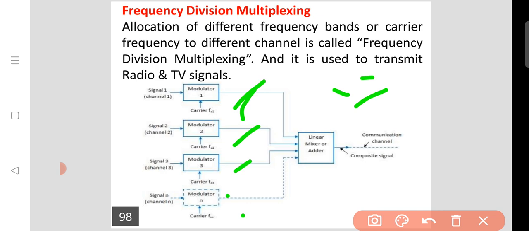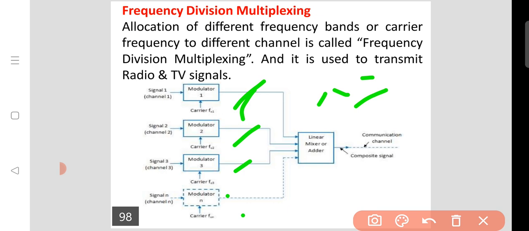Each modulator receives another input signal. One input signal is the message signal. For the modulator there are two input signals and one output signal: one input is the message signal, the other is the carrier signal. The modulator modulates using these two signals.